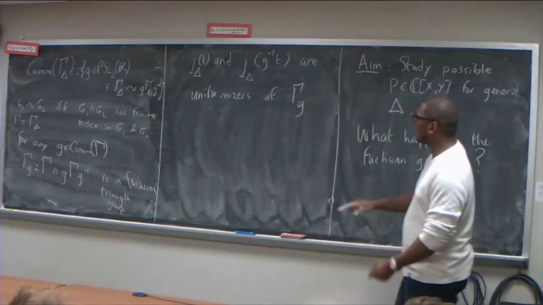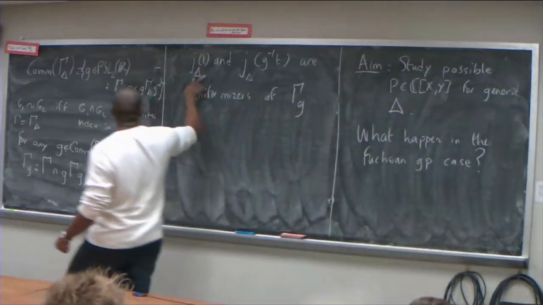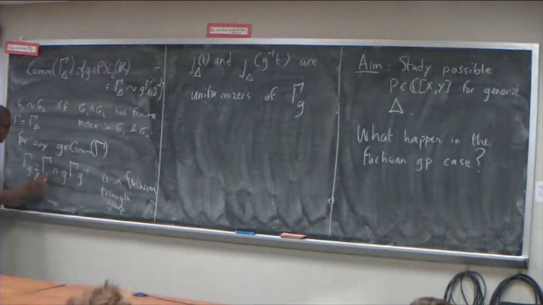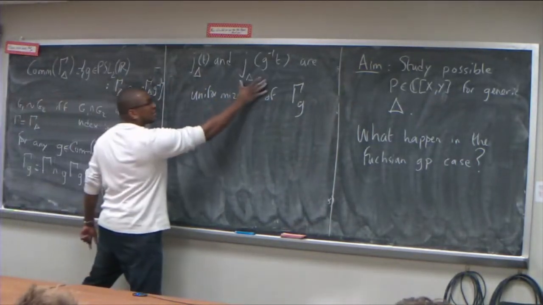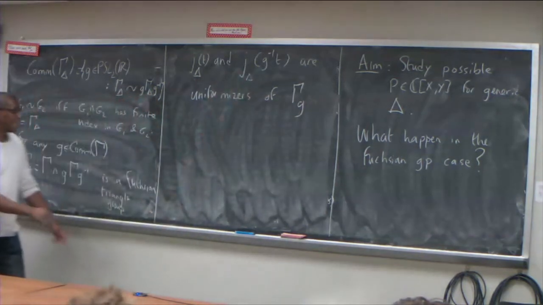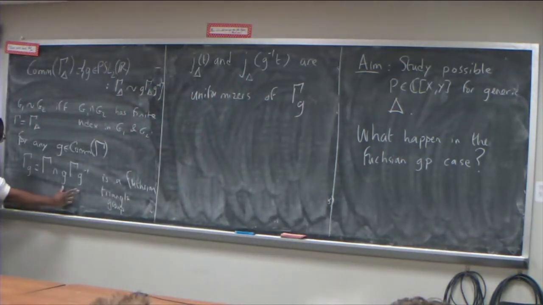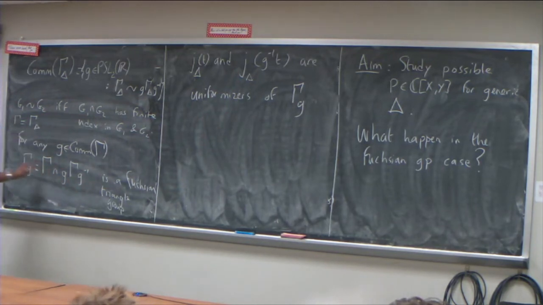The idea is that J triangle T was the uniformizer for gamma, and J triangle with the action by G inverse is a uniformizer for this group. So these will be the uniformizers for this new Fuchsian group.